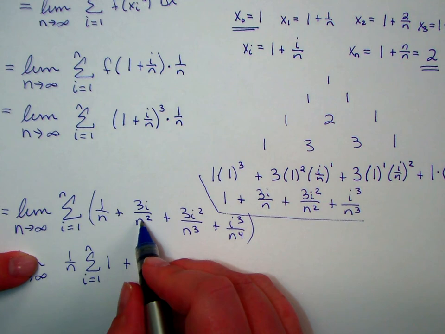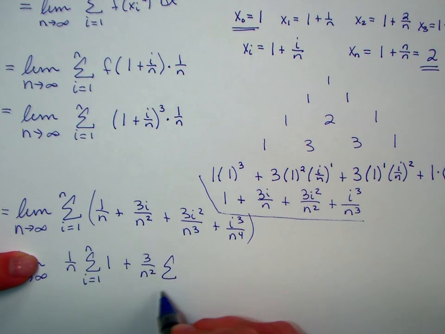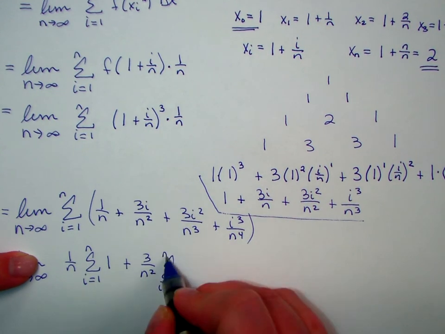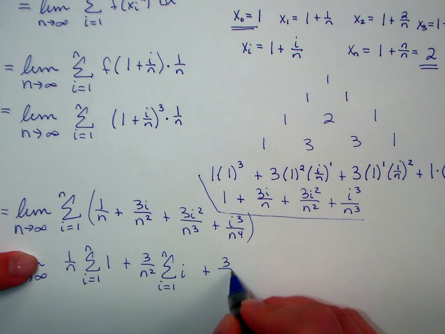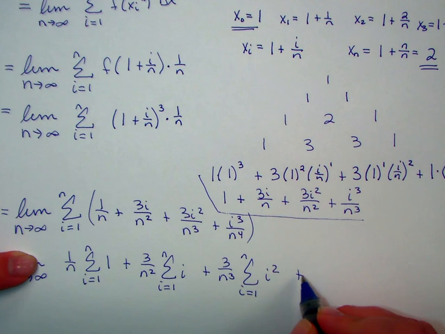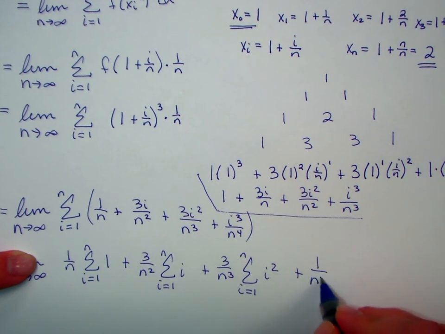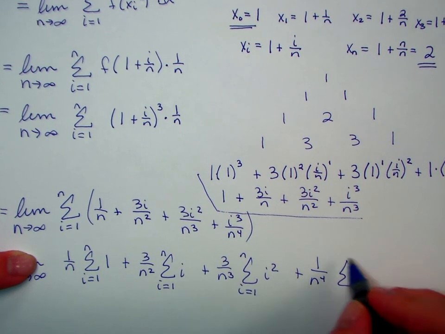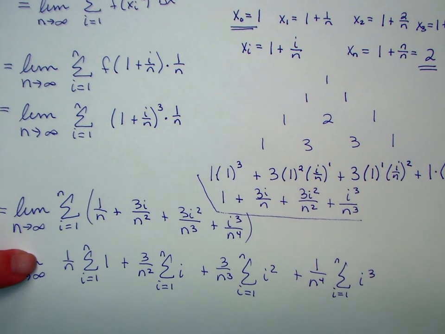The coefficient here is 3 over n squared times the sum of i. The coefficient here is 3 over n cubed times the sum of i squared. And then the coefficient here is 1 over n to the 4th times the sum of i cubed, right?